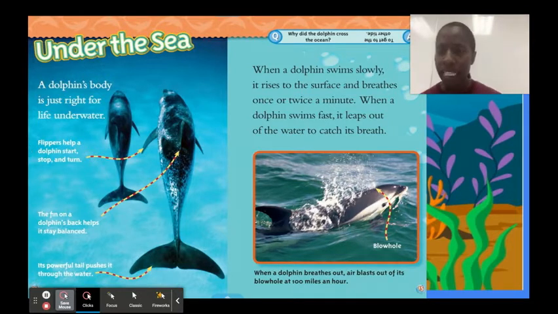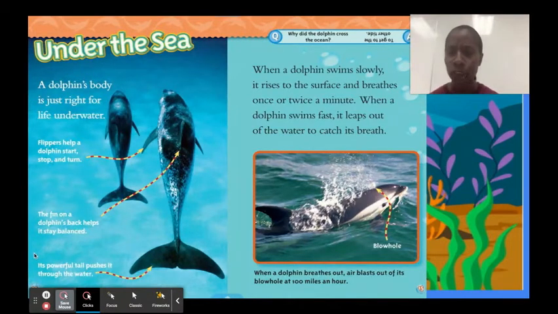Flippers help a dolphin start, stop, and turn. So right here, they are showing us with an arrow what we need to know about the flippers. The fin on a dolphin's back helps it stay balanced. So it is showing us right here where the fin is.